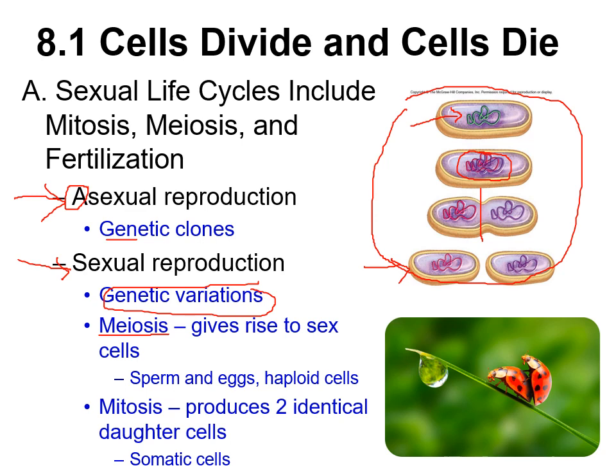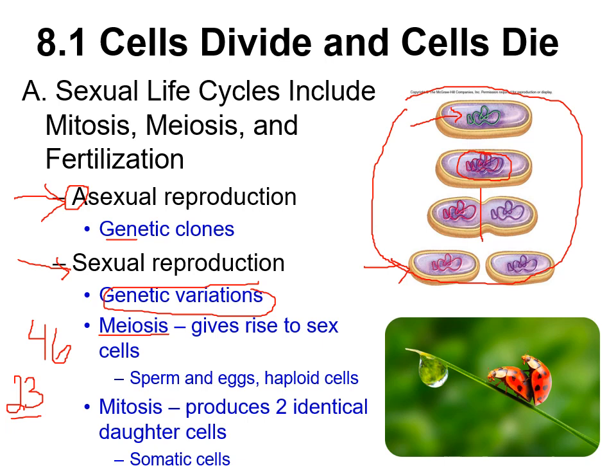Now, we as humans have 46 chromosomes, or we can say we have 23 pairs. The reason we can say 23 pairs is because we get half our DNA from mom and the other half from dad. Because we get two pairs of everything, we like to say that we are diploid. Di meaning two of everything.